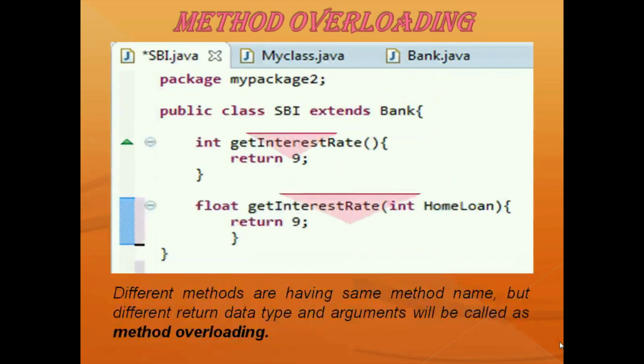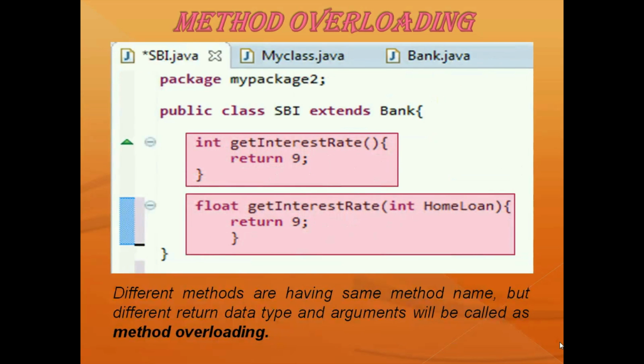So these two methods have the same method name but different return data type and arguments, and this is called method overloading. This method is an overload of the previous method.